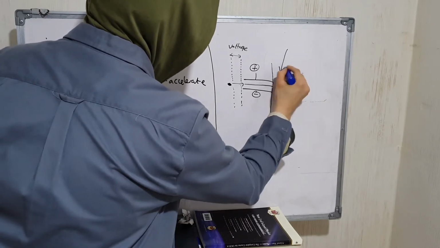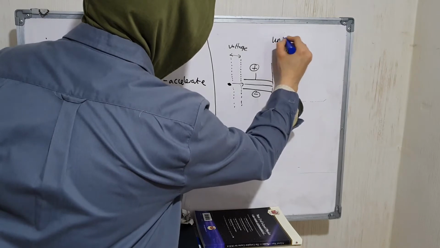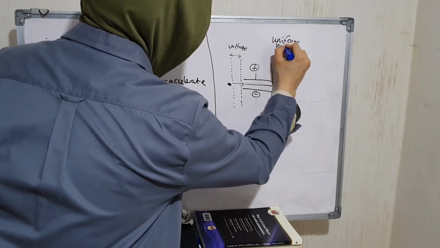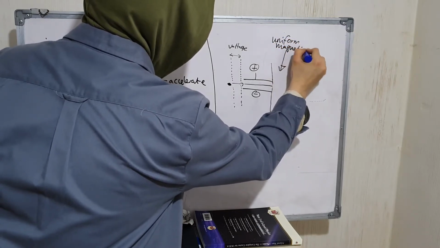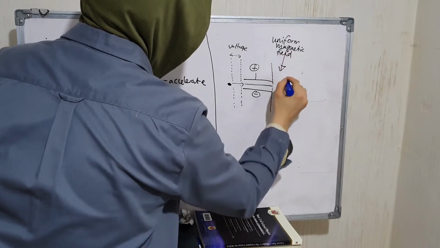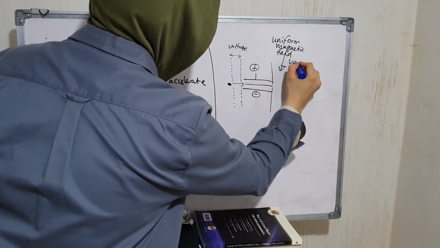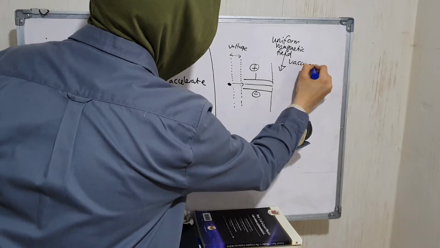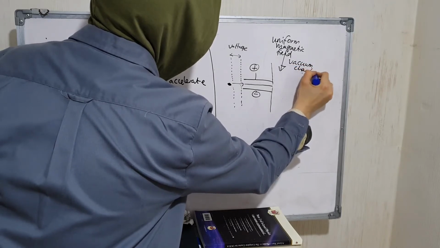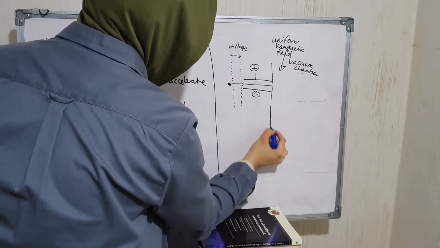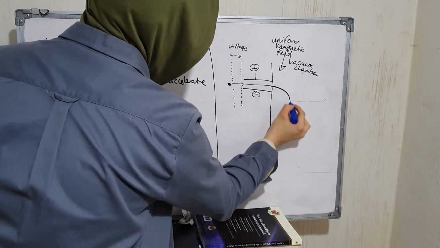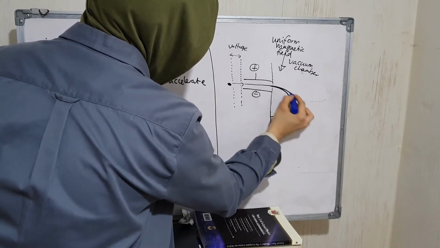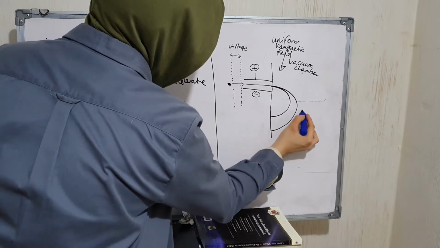Here is the magnetic field, so uniform magnetic field. But it's also a vacuum chamber. Depending on the mass, I'll explain why with the equation.